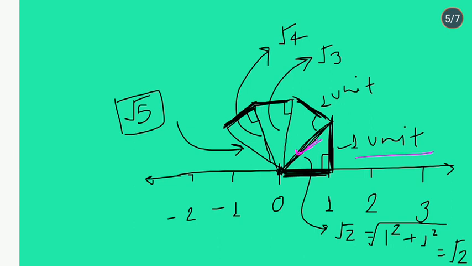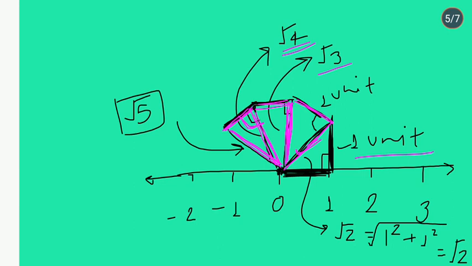Now we have taken a perpendicular on this line as 1 unit, so this line will become root 3 unit. Again we have taken a perpendicular on this line, so this will become root 4 unit. And again we have taken this line as perpendicular on this line, so this line becomes root 5 unit.